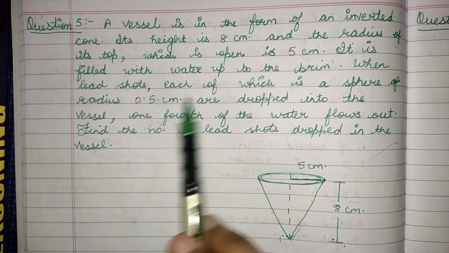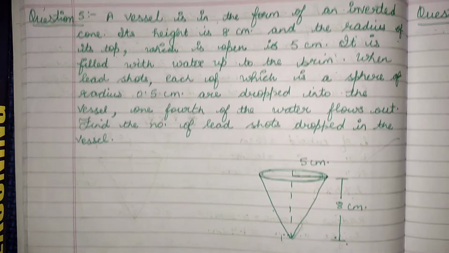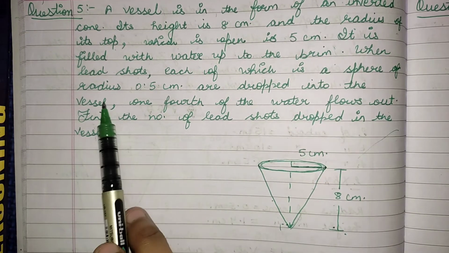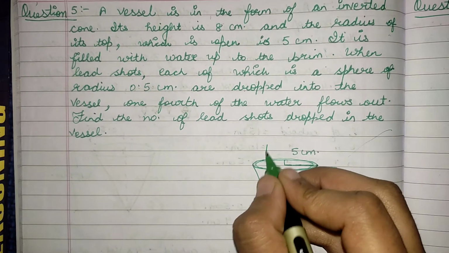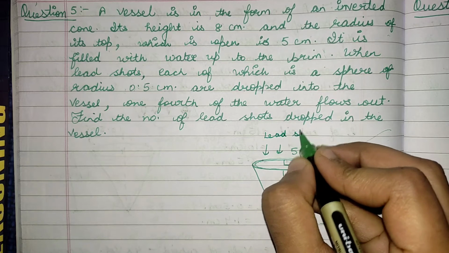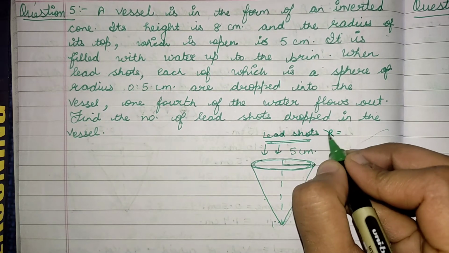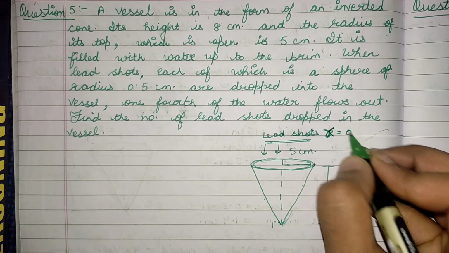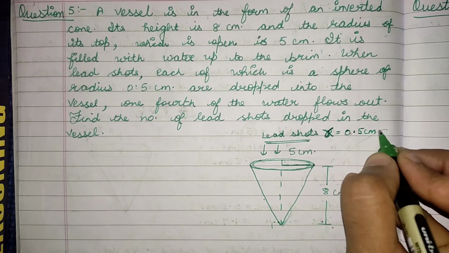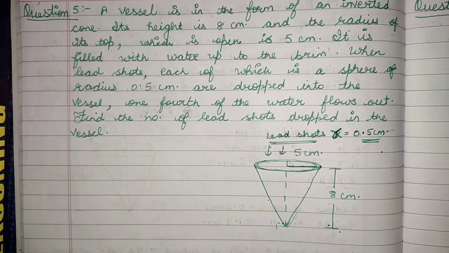When lead shots, each of which is a sphere of radius 0.5 centimeter, are dropped into the vessel. So they have inserted some lead shots into the water, whose radius is given to us, let us suppose small r, equal to 0.5 centimeter.